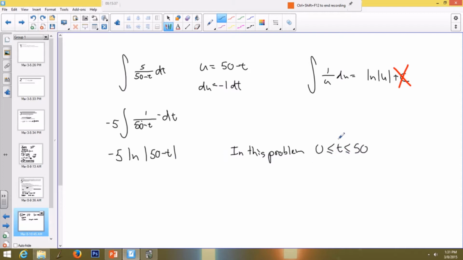So 50 minus t is always going to be positive, so I don't need those absolute values. And I can say that this integral here is now the ln of 50 minus t to the negative 5 power. And that works for me.